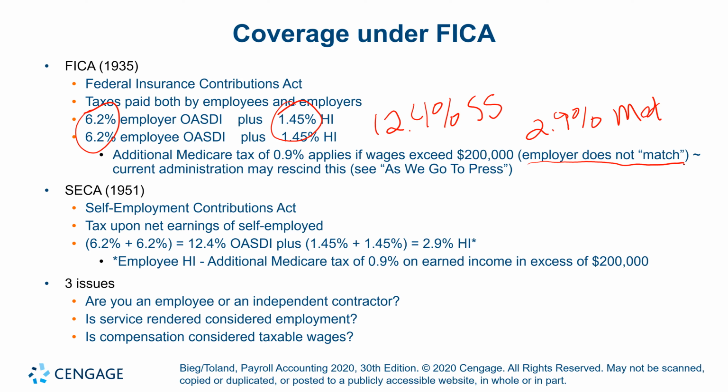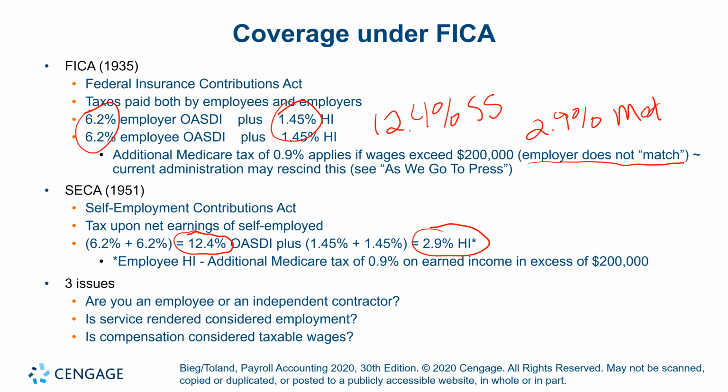But when you're self-employed, you have to pay the entire 12.4%. You have to pay the entire 2.9%, right? Because you don't have an employer matching your 6.2 or your 1.45, those amounts have to be paid in by the individual who is self-employed.